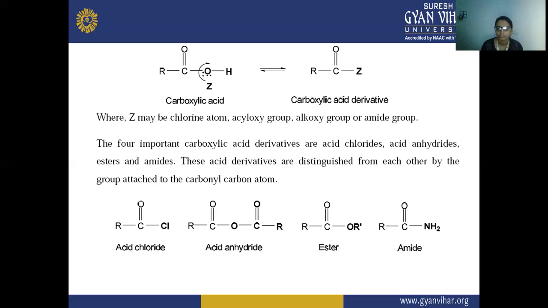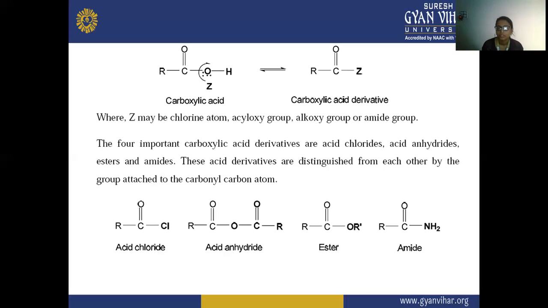So these are the structures of the carboxylic acid derivatives. In the acid chloride, you can see the Cl is attached to this RCO. In the acid anhydride, this OCOR is attached to the RCO part, that is the acyloxy group. Next, with RCO, the OR is attached, and that is the ester. In the case of amide, NH2 is attached to this RCO.